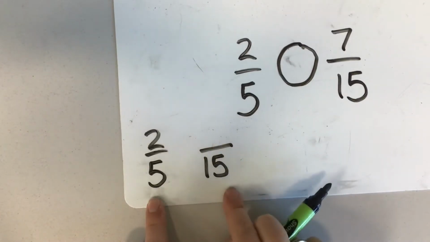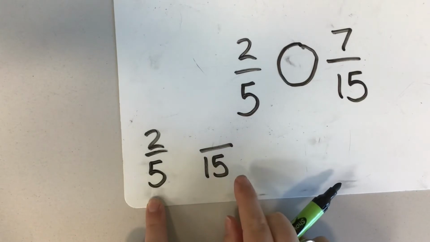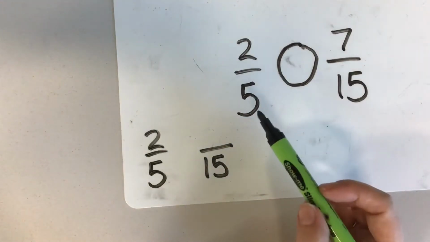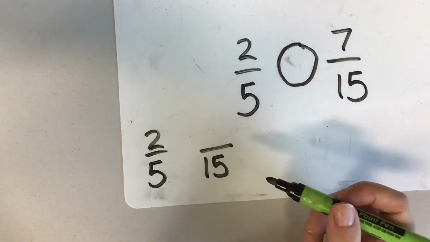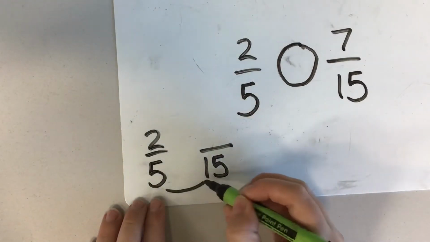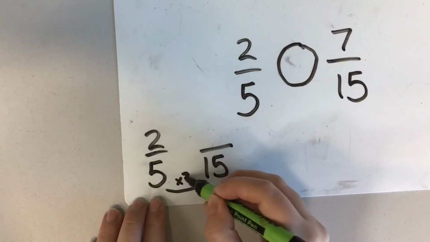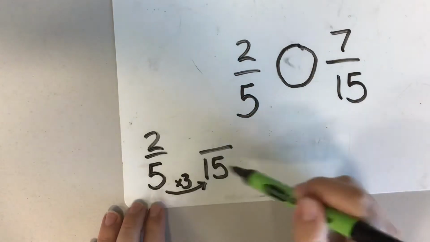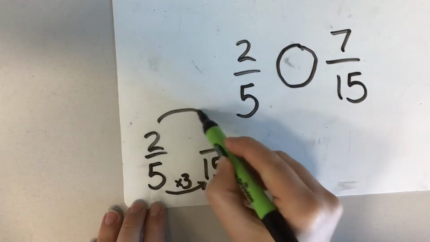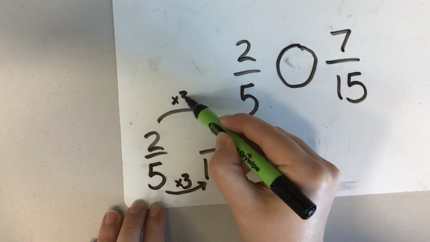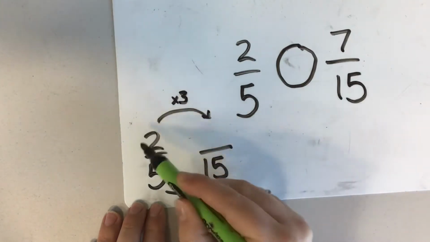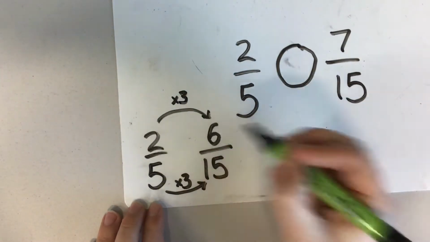So what is the relationship between 5 and 15, or what do we have to multiply 5 by to get 15? The answer is 3. 5 times 3 is 15. And whatever we do to the bottom number, we need to do to the top. So we need to multiply by 3 at the top. 2 times 3 is going to be 6.